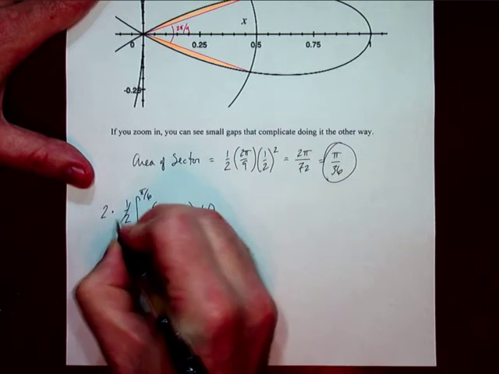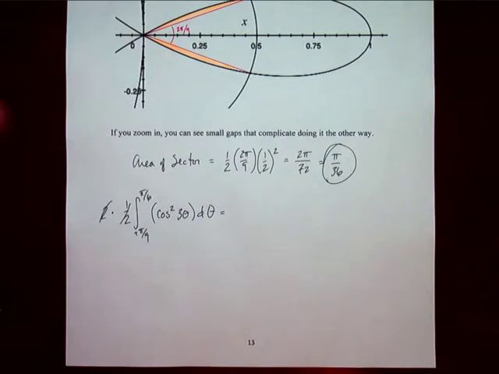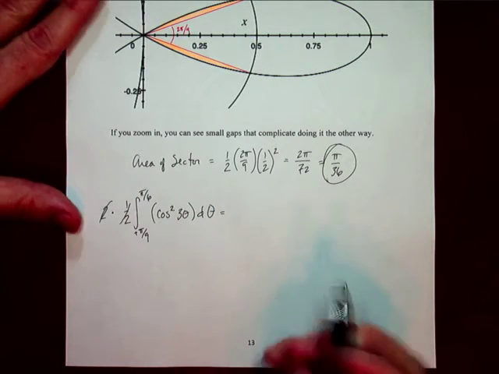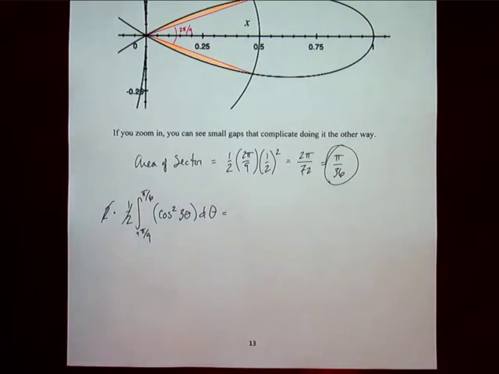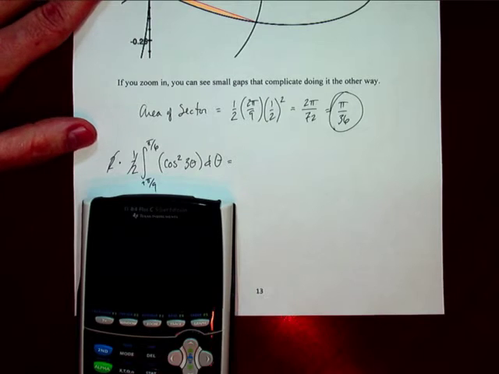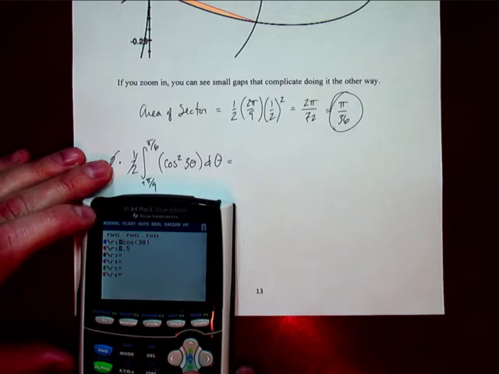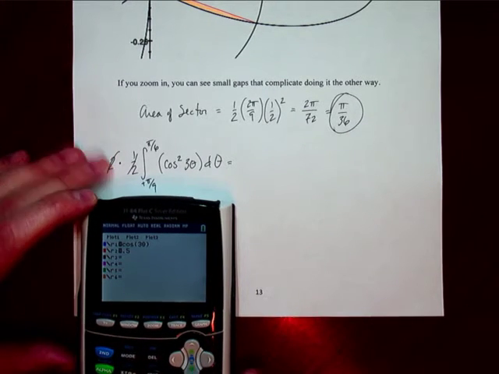Now obviously the 2 and the 1/2 cancel out, and let's plug it into our calculator and not toil with it for too long. We remember that cosine 3 theta is in R1.